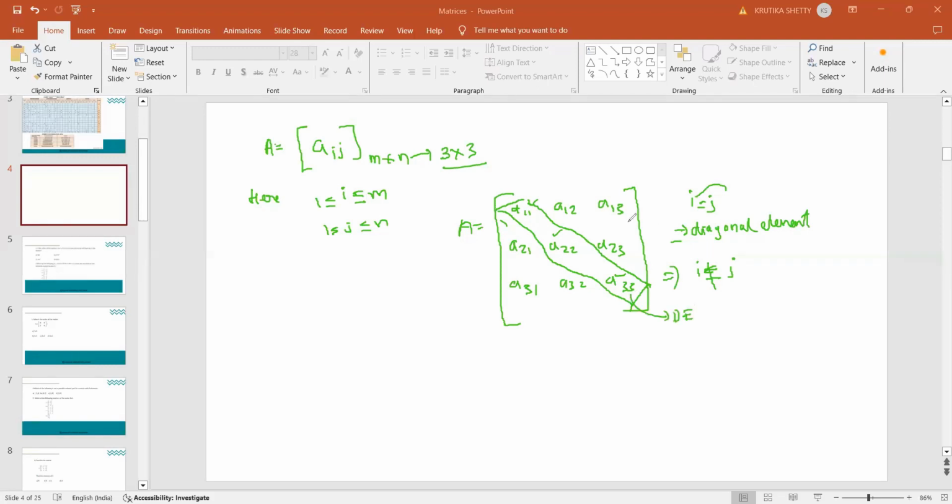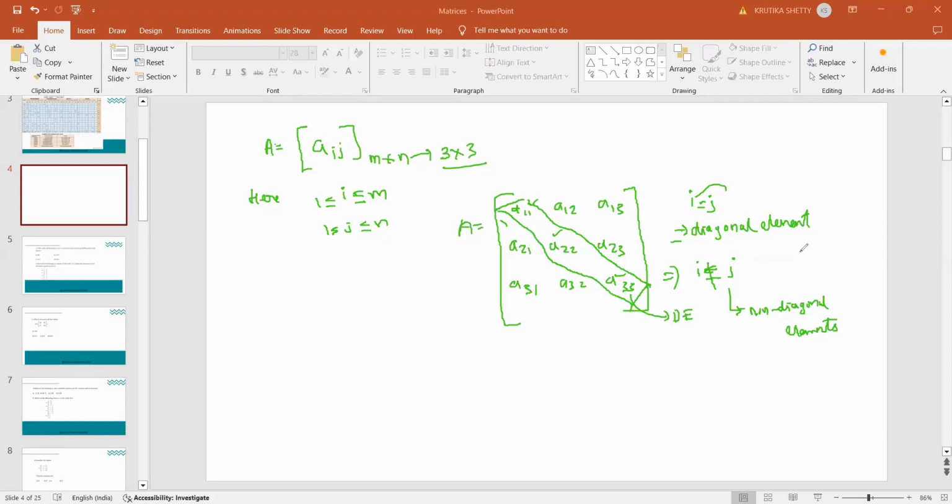But you can see the 6 places over there: a12, a13, a23, a21, a31, and a32. In these cases i is not equal to j, and these elements are called non-diagonal elements. Try to understand these, because based on this we will be defining the types of matrices now.